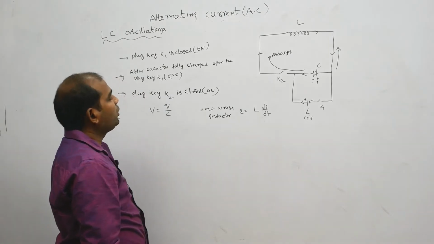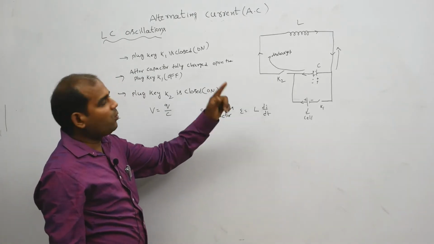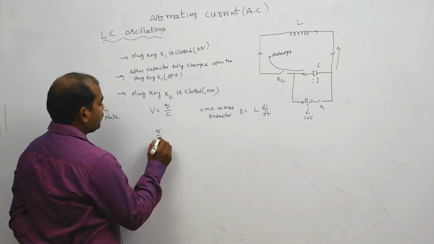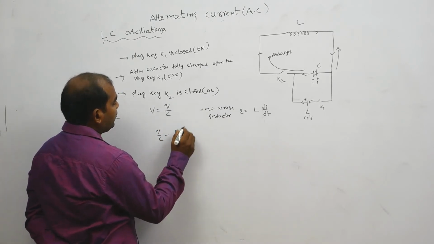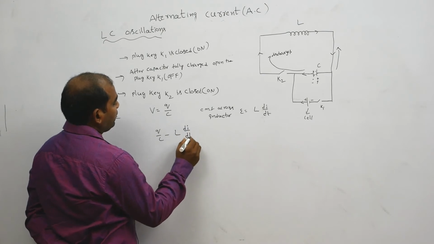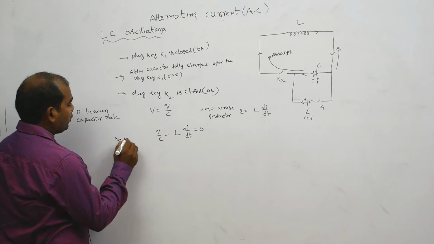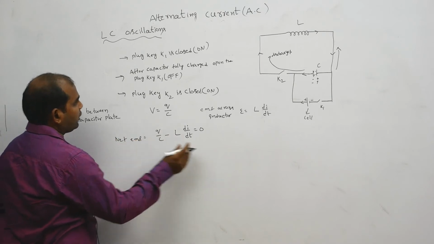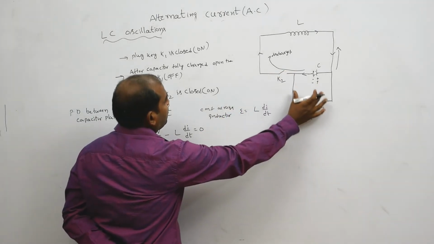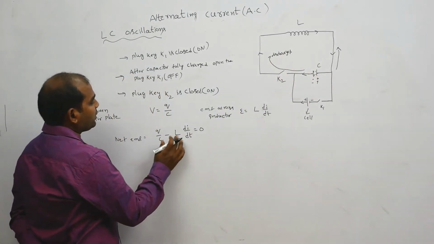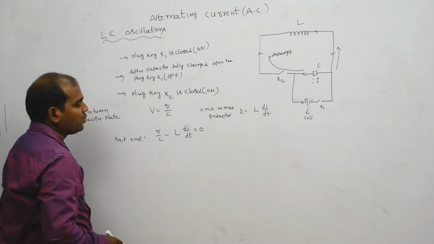These two EMFs act against each other, so the net EMF can be written as Q by C minus L into di by dt is equal to 0. The net EMF in the circuit is 0 because there is no energy source in this circuit.